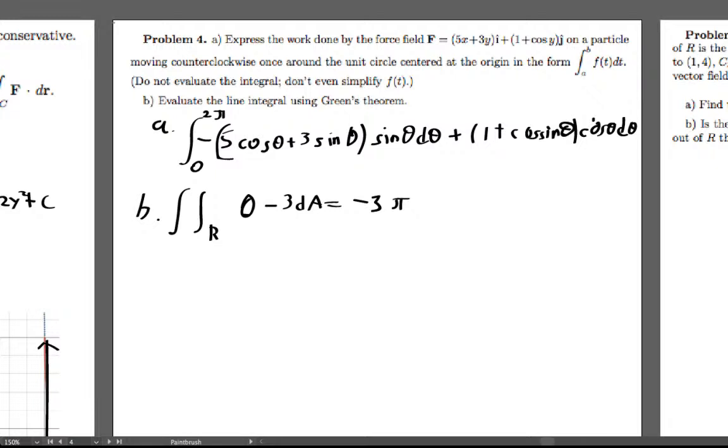And actually, I have the picture of the vector field. Let's just open this up. I am just doing this for show and tell, because obviously these things are cool.